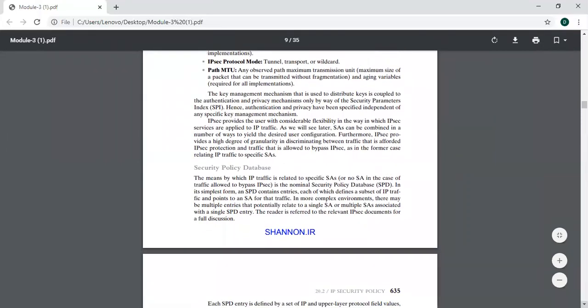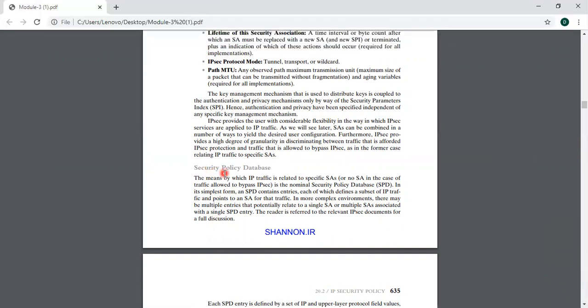Next, in this IP security architecture, we'll be discussing the security policy database. The security policy database is defined by a set of IP and upper layer protocol field values, that is Internet Protocol and upper layer protocol field values, which we call selectors.